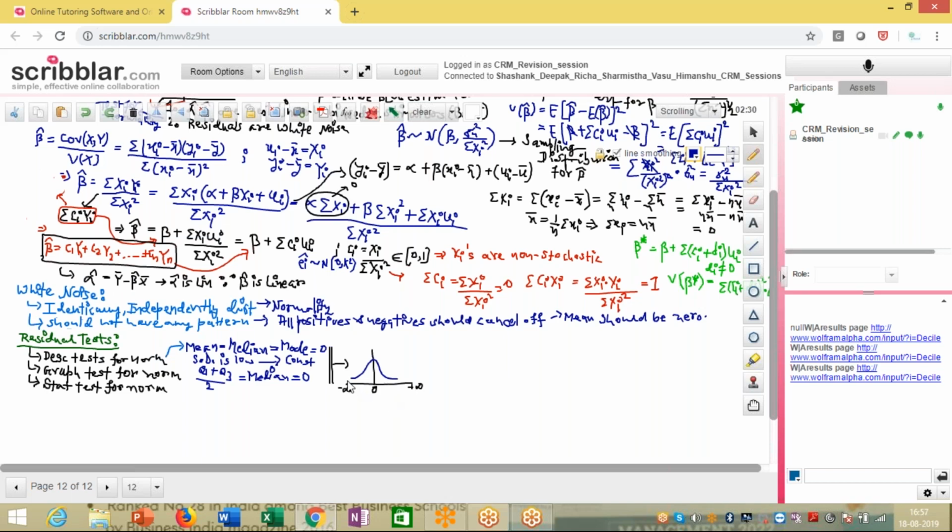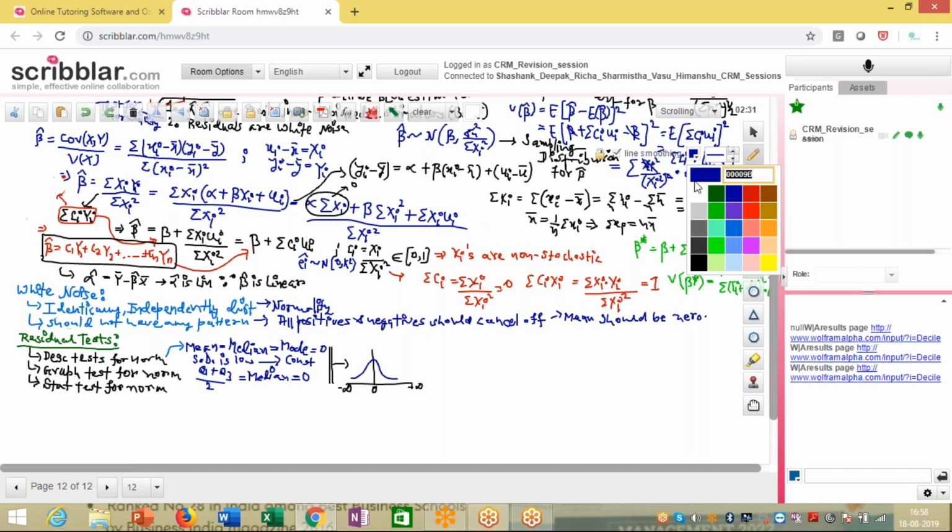Now, if this happens, what it means is that the mean is at 0 and the distribution is symmetric about 0. So if the second and third conditions are satisfied, if mean equals median equals mode is 0, then the distribution is symmetric. So this is what the descriptive statistics for normality tell us, and it helps ensure that the errors are more or less normally distributed.